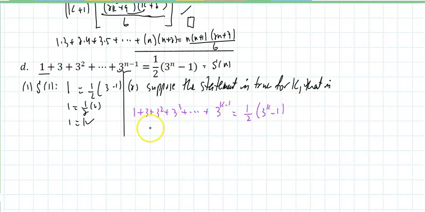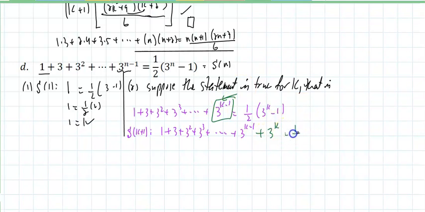Then for S of k plus 1, 1 plus 3 plus 3 squared plus 3 cubed plus 3 to the k minus 1 plus, what's the next term? Replace k by k plus 1, equals 1 half, throw a k plus 1 in there.